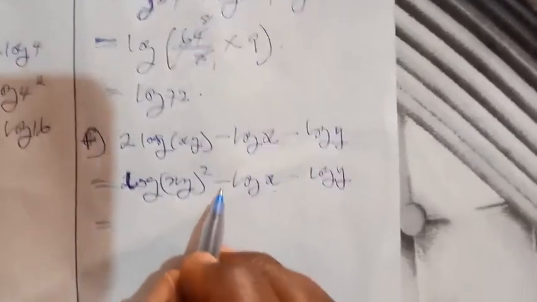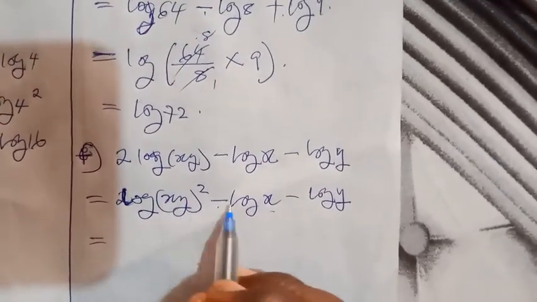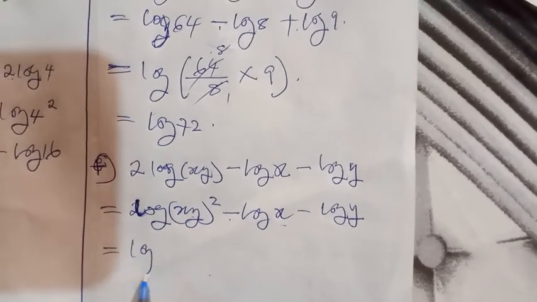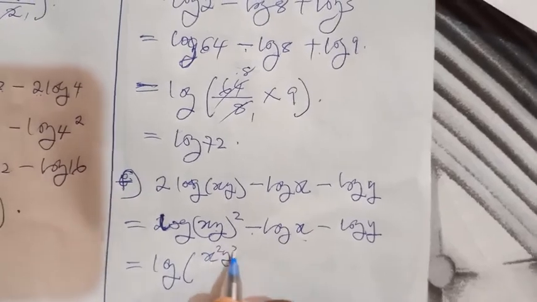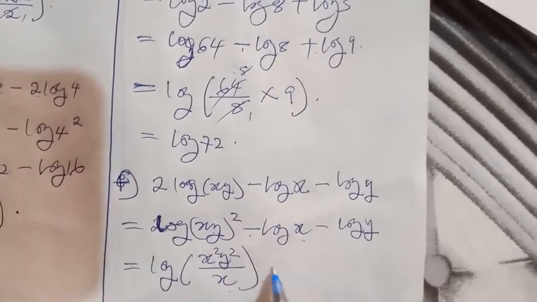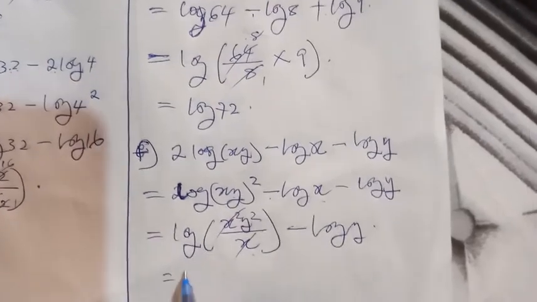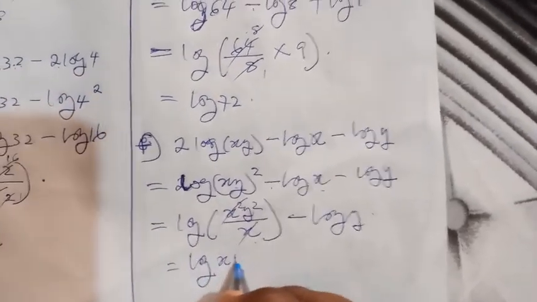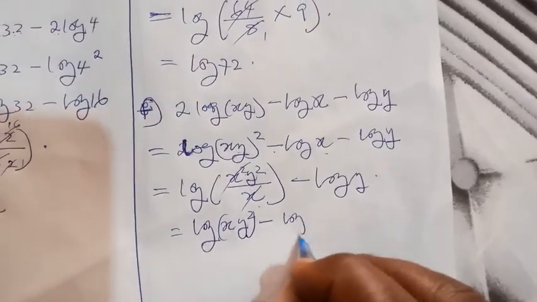Okay, so I can deal with this part first. Because of this subtraction, there is an implication here that we have to divide this by this, so it's going to be log x squared y squared over x, then minus log y. See? All right, so that means that x can go off with x, so we can have log x y squared, minus log y.